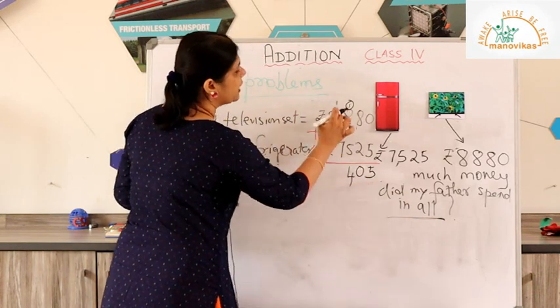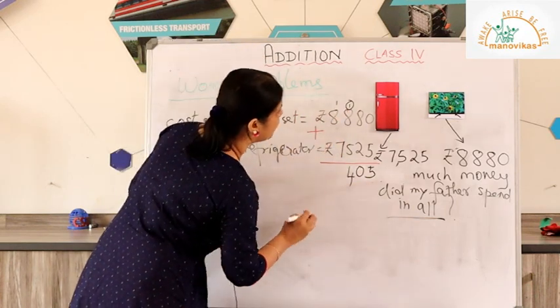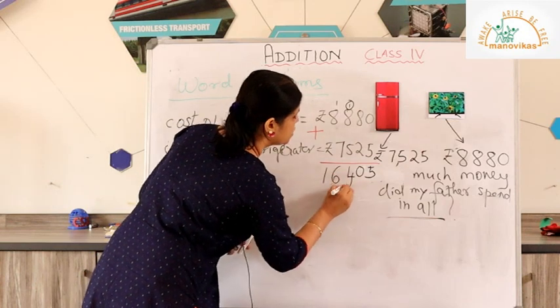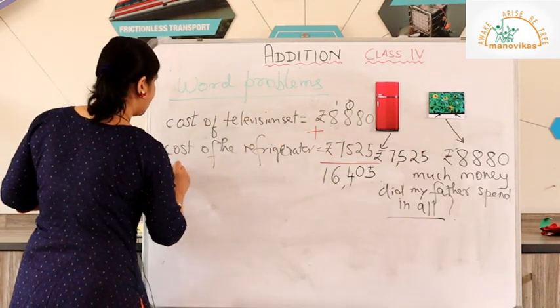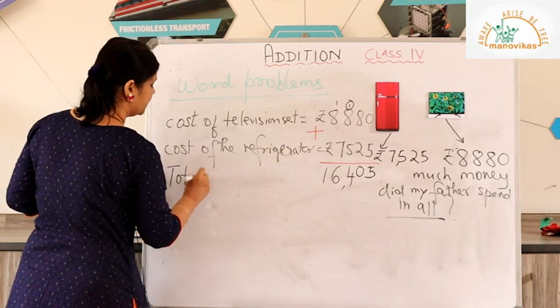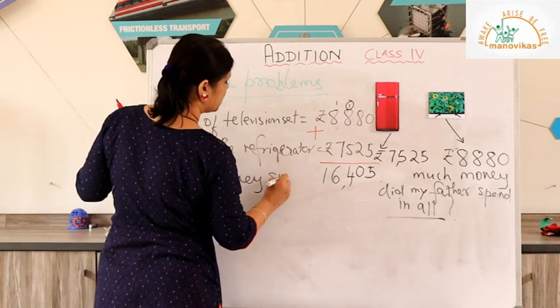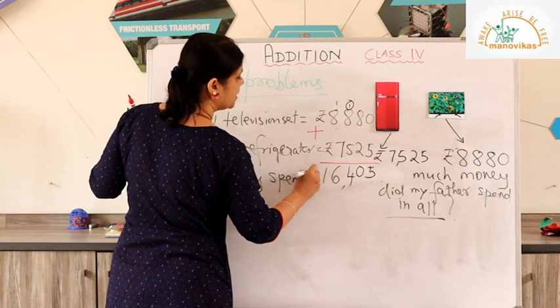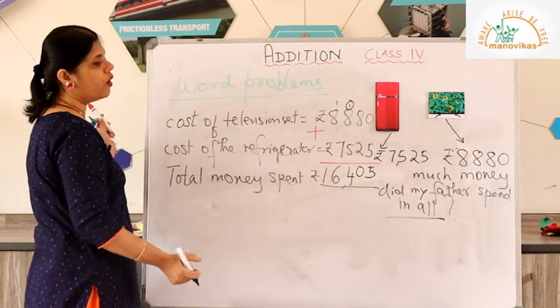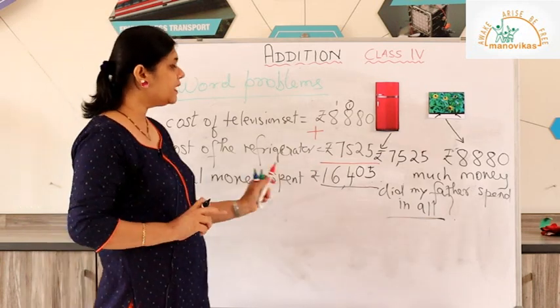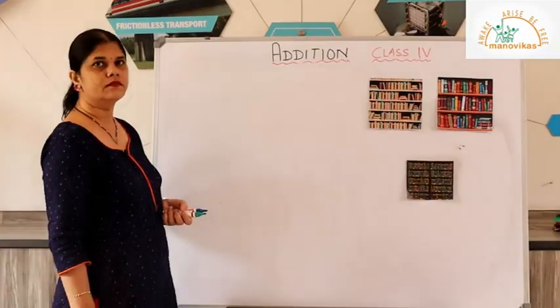Now, 8 plus 1, 9. 9 plus 7 is 16. So, the total money spent is how much? Total money spent is rupees 16,405. Children, please check your answers.